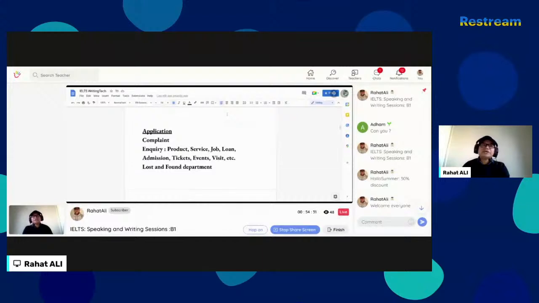And the application has a variety of different kinds of features, including complaint, inquiry. So inquiry may be about a product, a service, job, loan, admission, tickets, events, visits, etc. And lost and found department, which means that if you lost something in the past, how you can report to the relevant authority.